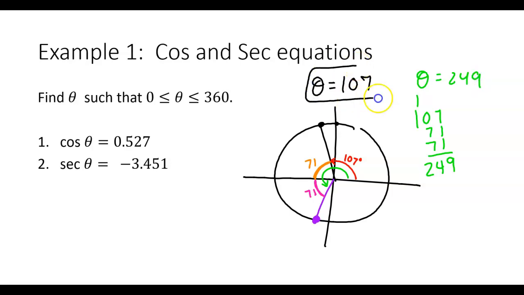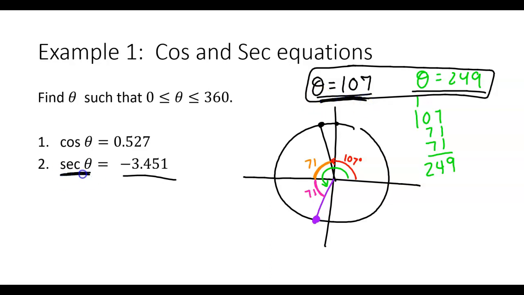And once again, if you want to check your work, just plug both of these into a cosine function, and you should get negative 3.451 as an outcome. Okay? All right, so actually I misspoke. You wouldn't plug this into cosine. You would plug it into secant, right? If you wanted to check your answer, you don't have to do this step, you would do secant.